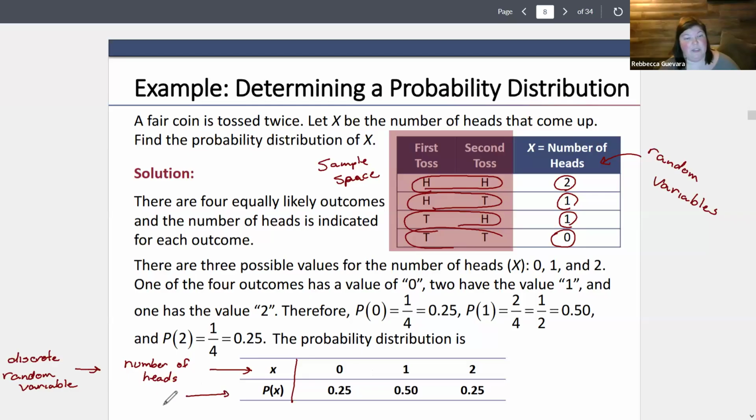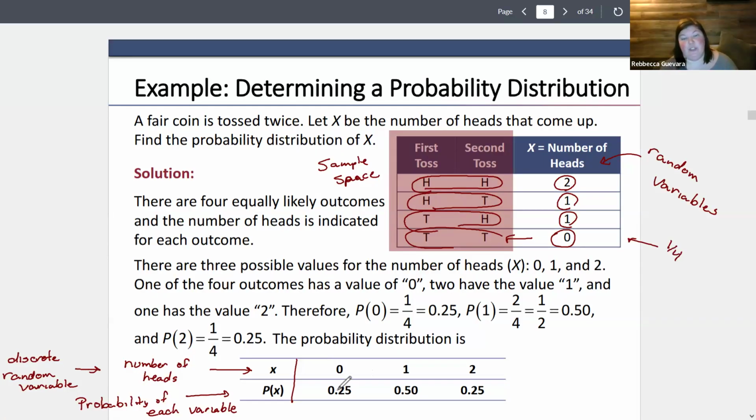And this is going to be the probability of each variable. So if I get 0 heads, that happened 1 out of 4 times.